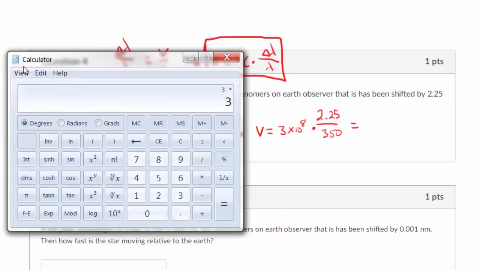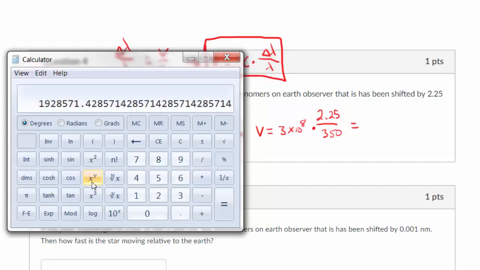You notice that in our earlier problems, the velocity was always really quite large. So these values would be quite large as well. So I have 3 times 10 to the 8, enter, times 2.25, enter, divided by 350, enter.